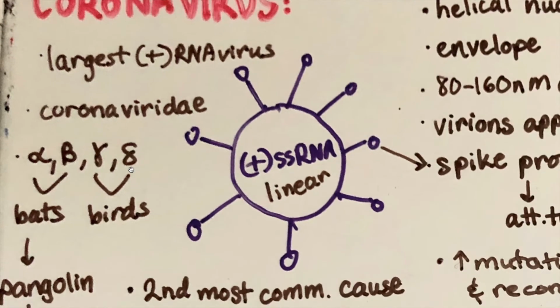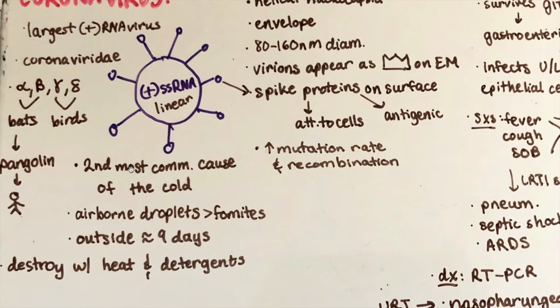Now, before I go further, I just want to state that researchers actually knew about coronavirus back in the 1960s. However, the coronavirus pandemic that we're facing today in 2020 is a novel coronavirus. It is a new type of coronavirus referred to as SARS-CoV-2.